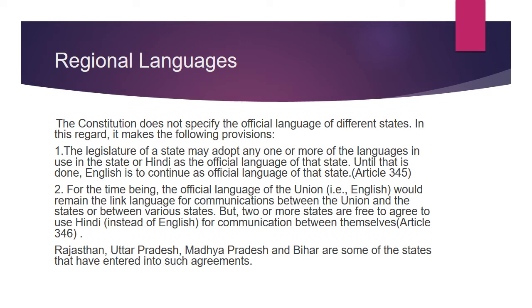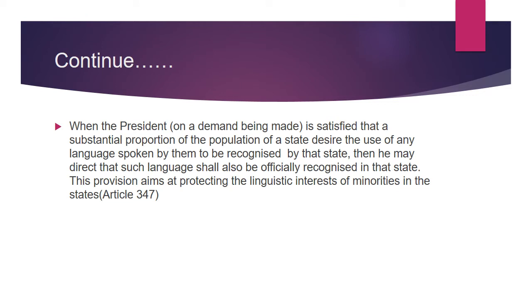For the time being, the official language of the Union would remain the link language for communication between the Union and the states or between various states. But two or more states are free to agree to use Hindi for communication between themselves. Rajasthan, Uttar Pradesh, Madhya Pradesh and Bihar are some of the states that have entered into such agreements.